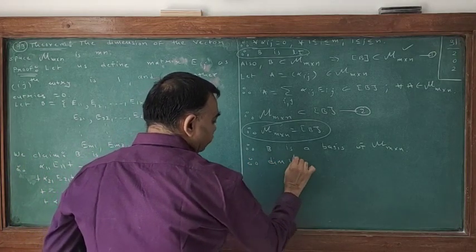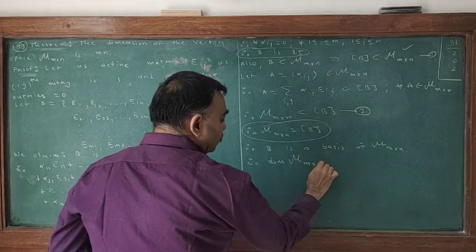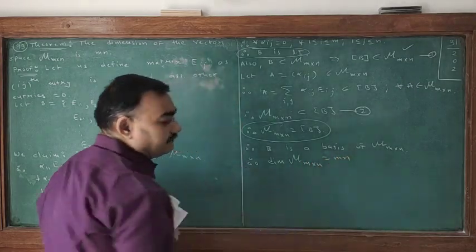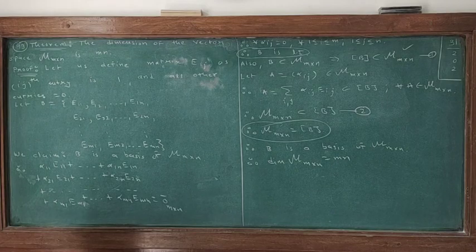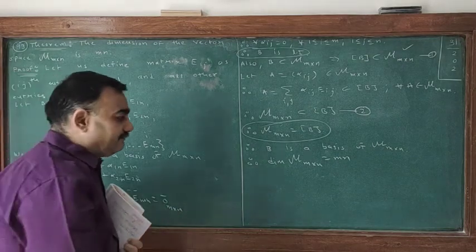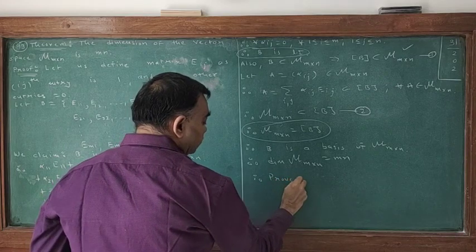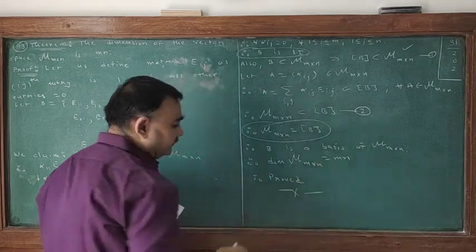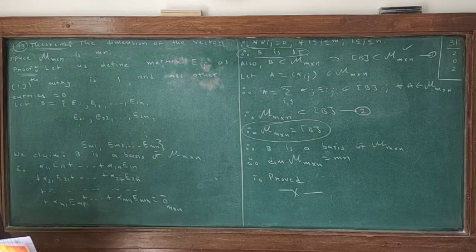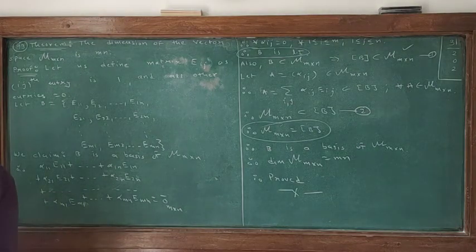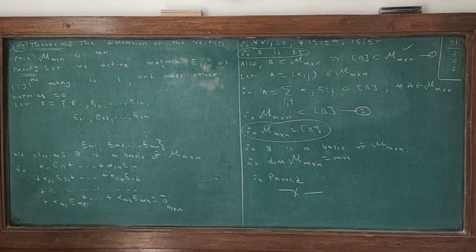Dimension of m cross n means the number of elements in B, that is mn, and that we wanted. And that is the end of this proof. So check it.